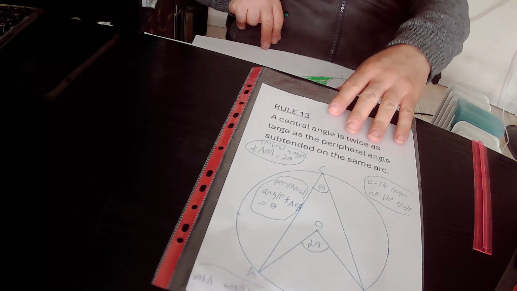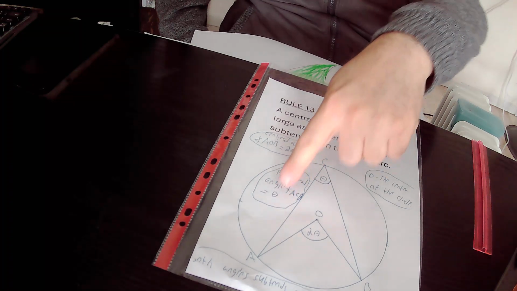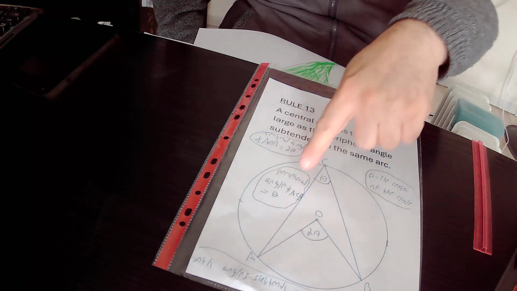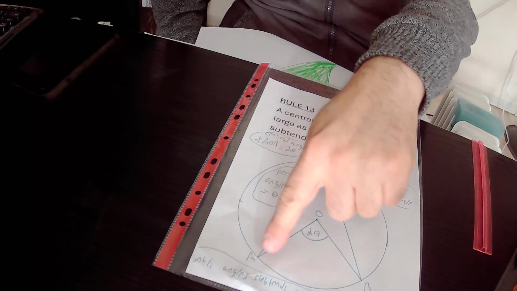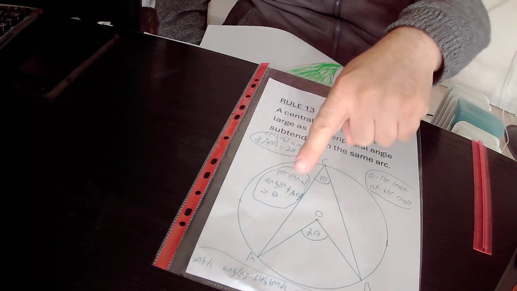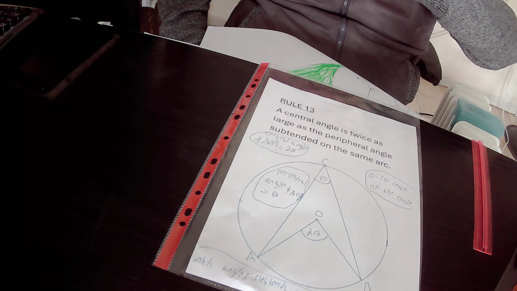So in the drawing we have a circle. Inside this circle we have the peripheral angle ACB. This peripheral angle ACB is subtended on this arc AB. And peripheral angle ACB equals theta degrees in its size.